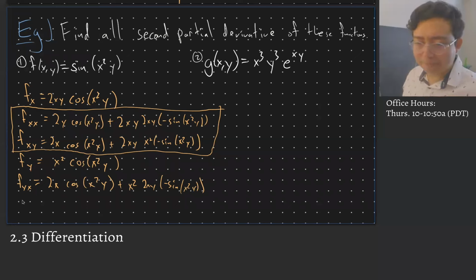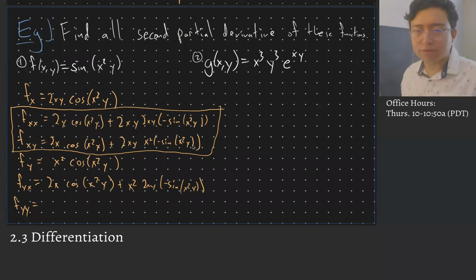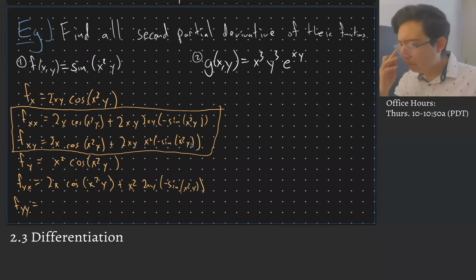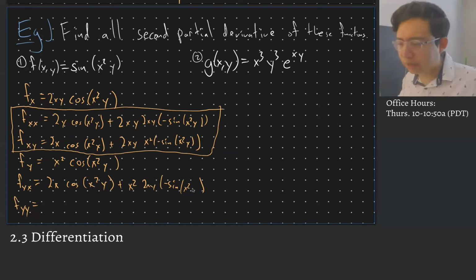Okay. And last but not least, we can now take the derivative of this with respect to y. But before that, someone's asking about this here. So yeah, this is negative sine of x squared y. Thanks for asking for that.